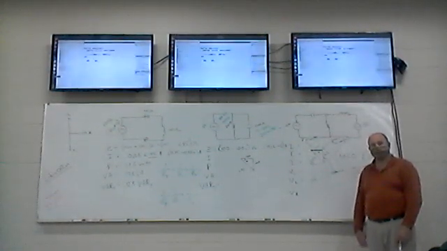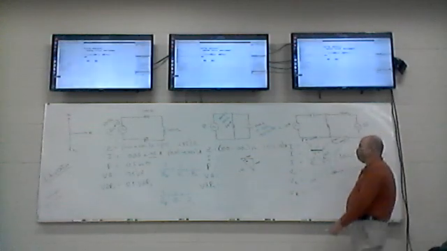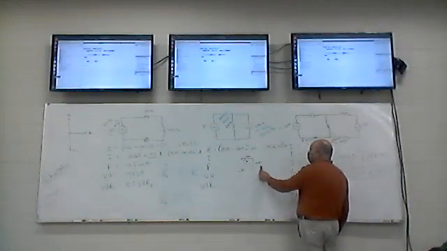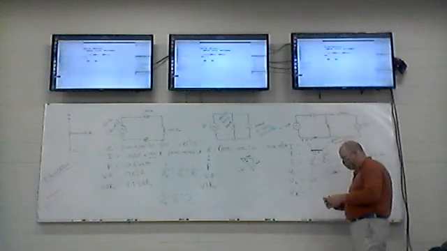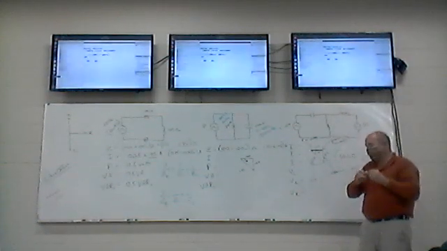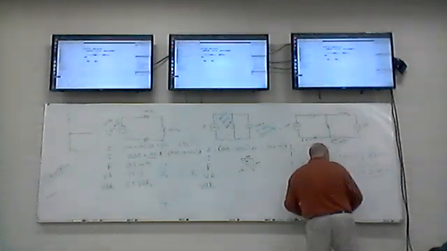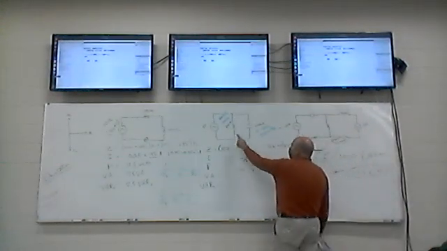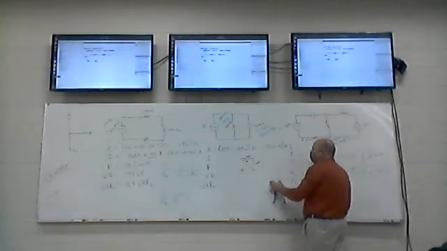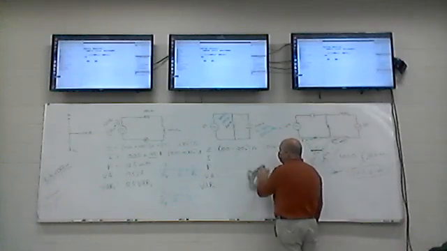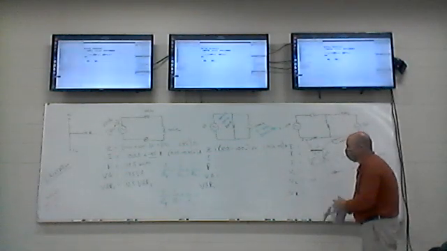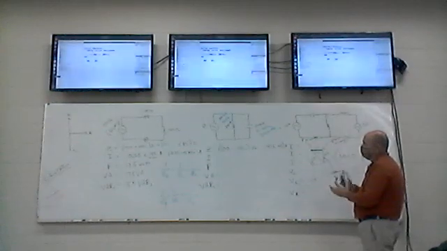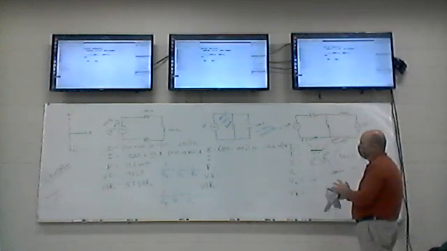So what do you already know about the power triangle? It'll be similar. It's 45, but it's going to make a positive 45. You already know what the power triangle is going to look like because this is the impedance for this circuit. So what's my current? What's my current?